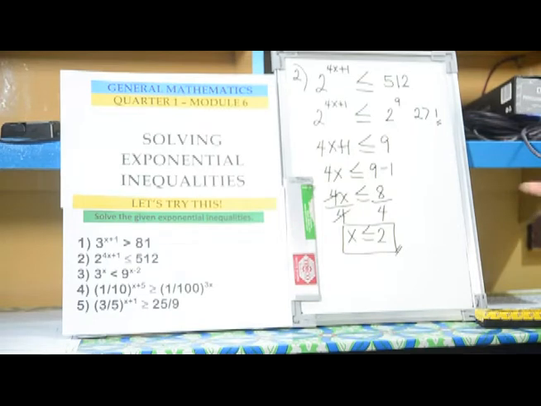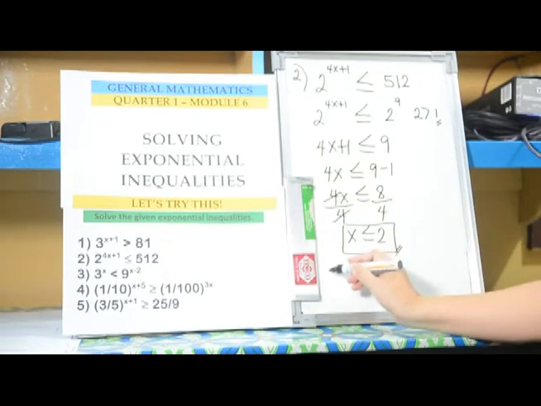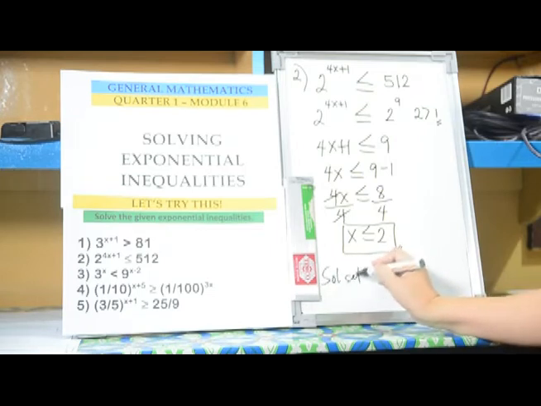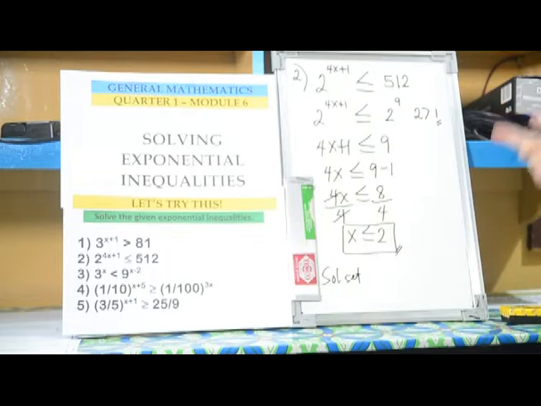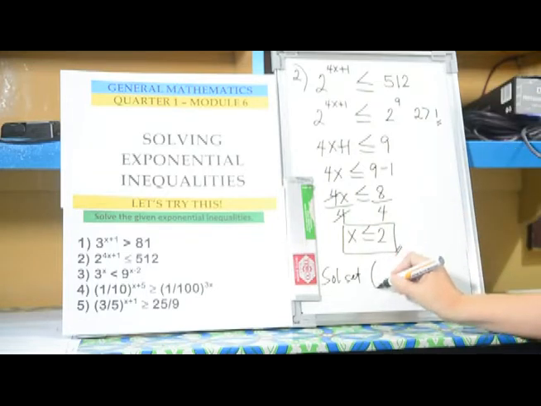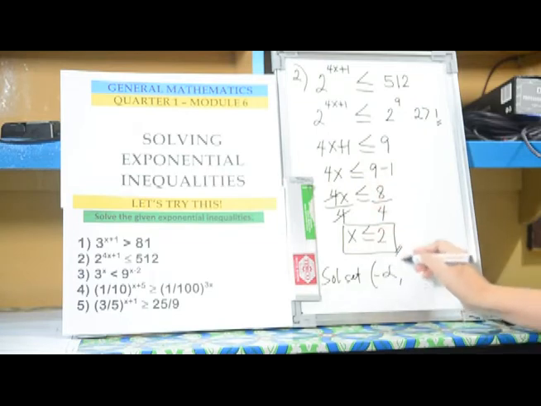Again, in the solution set, 2 is included as our answer. So for the solution set of number 2, since 2 is included, x must be less than or equal to 2. So we'll get negative infinity, open for that, and then we'll have 2 as the closure.